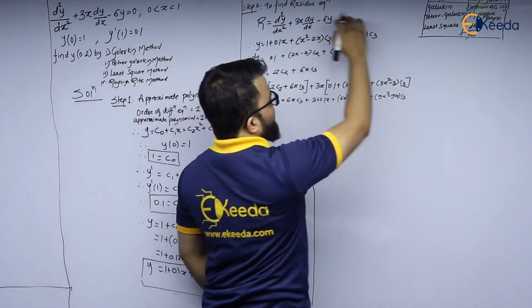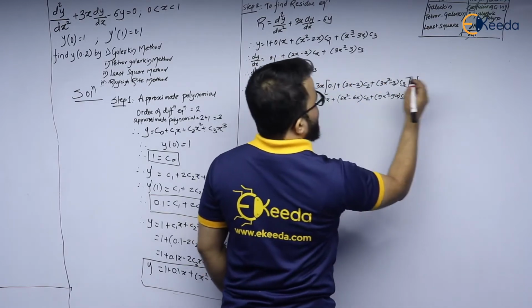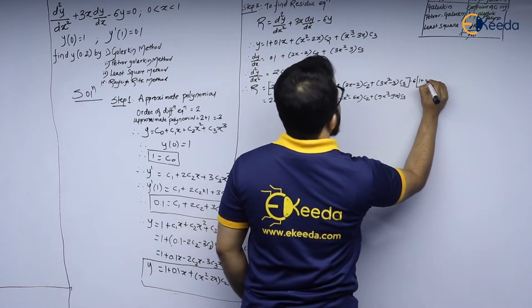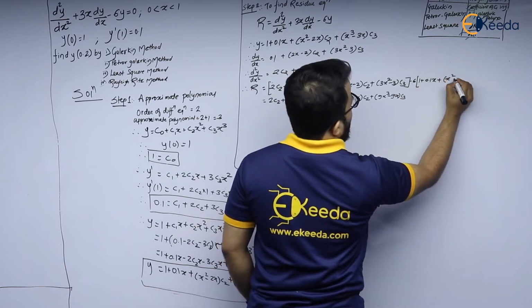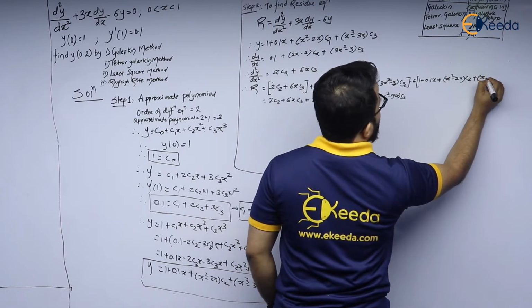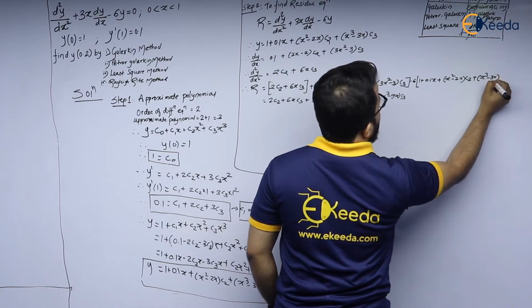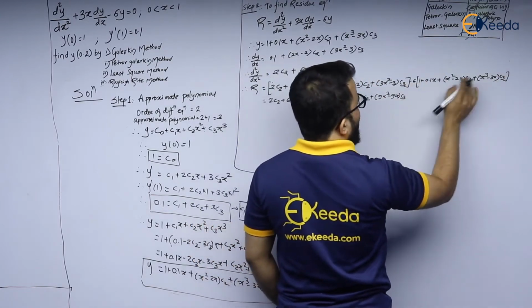And for the minus 6y term, y is our approximate polynomial, so it becomes 6 into (x square minus 2x) into c2 plus (x cube minus 3x) into c3. I will multiply this 6 throughout the bracket.